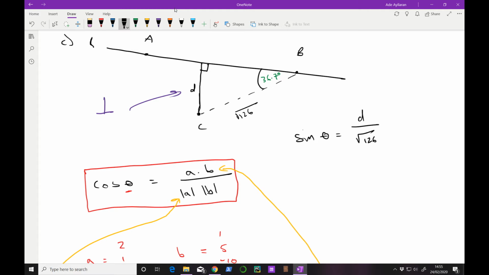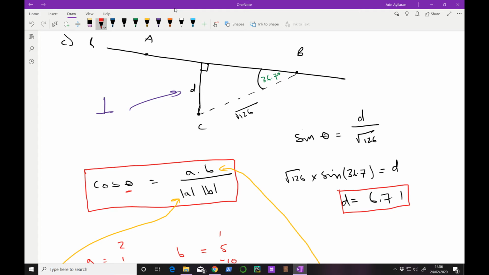Rearranging to find d, that's root 126 multiplied by sine theta, where theta is 36.7. If I punch that very quickly into my calculator, that is going to give me an answer of 6.7 or 6.71. Okay, so that's the answer which we should be getting if we just do simple trigonometry.